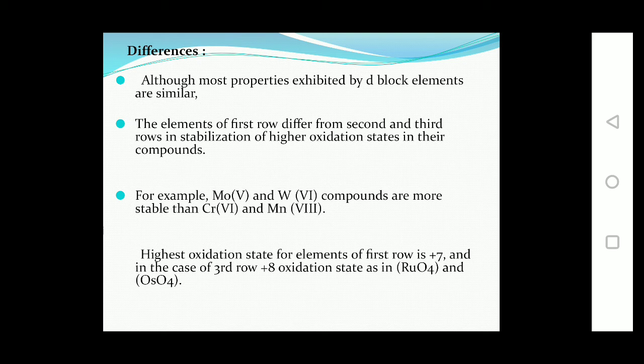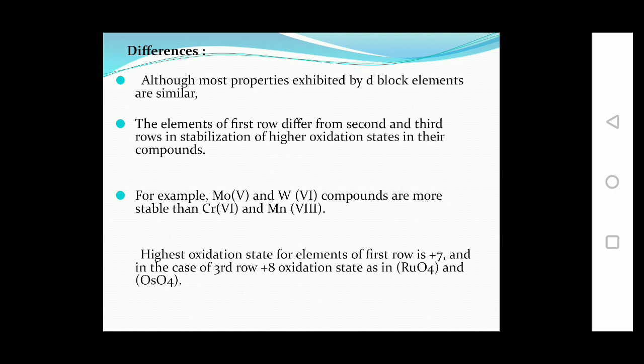That means when any of the elements shows a higher oxidation state in any compound, it is generally unstable. But for example, we will take molybdenum with oxidation state 5 and tungsten with oxidation state 6. In brackets I have shown the oxidation states. Their compounds in these oxidation states are more stable.